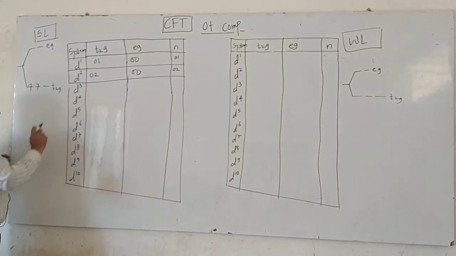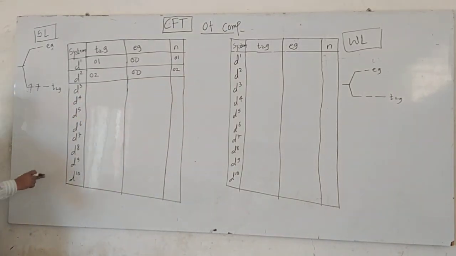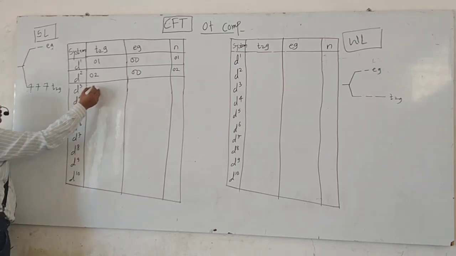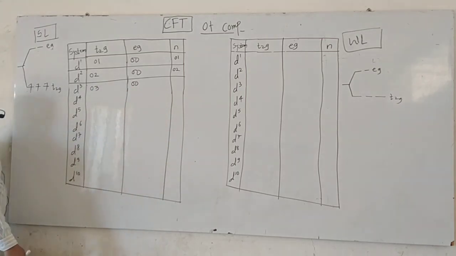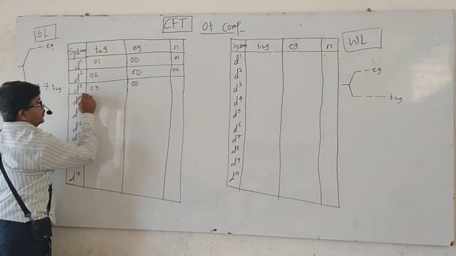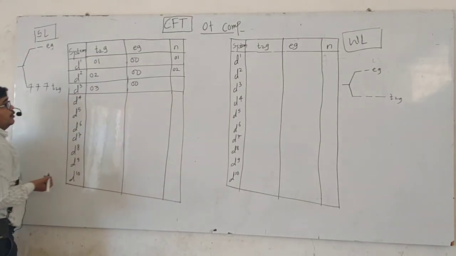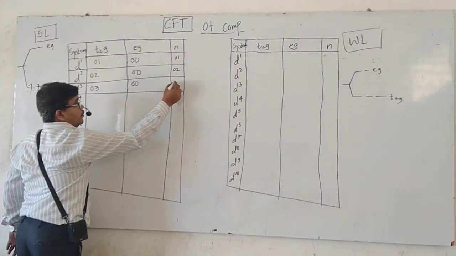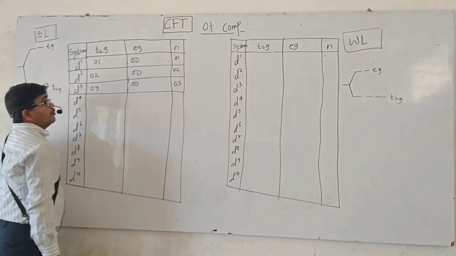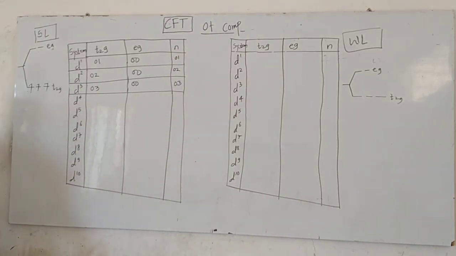Now for D3 system means in the d orbital 3 electrons are there. First, second, this will be third. In the T2G 3 electrons, in the EG 0 electrons. Okay. Now, number of unpaired electrons 1, 2, 3. This n is nothing but number of unpaired electrons.